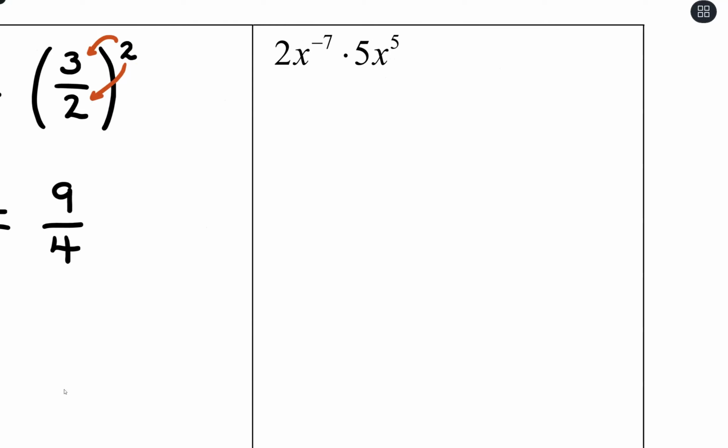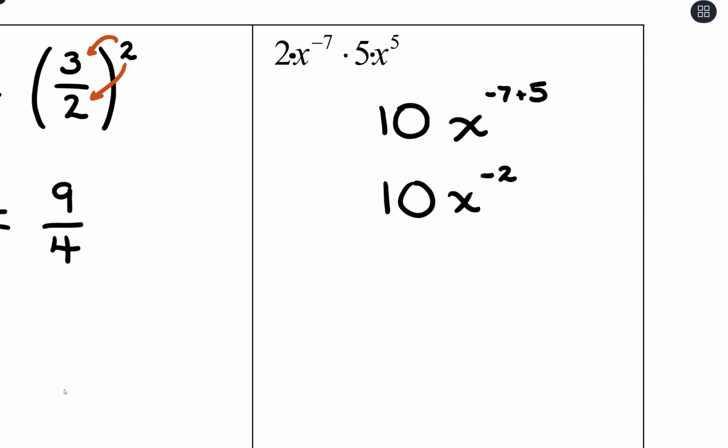Okay, with this one, we have 2 times x to the negative 7 times 5 times x to the 5th. So 2 times 5 is 10. And then we have the common base of x, so we can combine those by adding the exponents. And with these negatives, you add and subtract them just like you would any negative numbers. So this would be 10 times x to the negative 2.